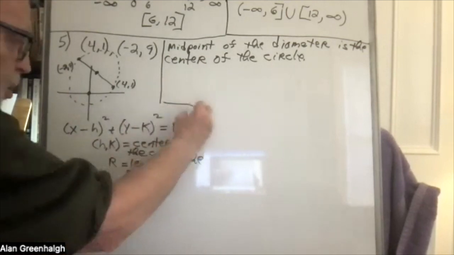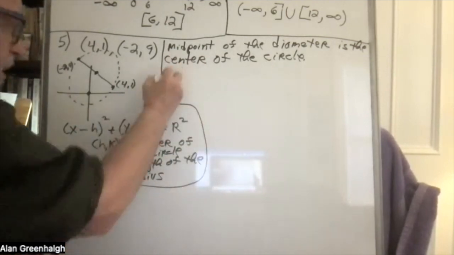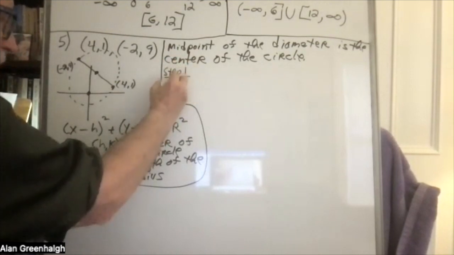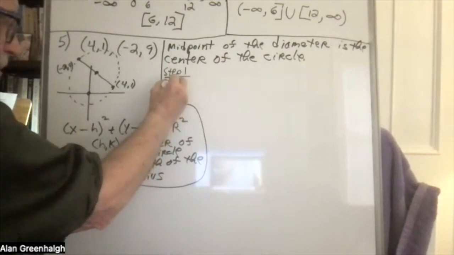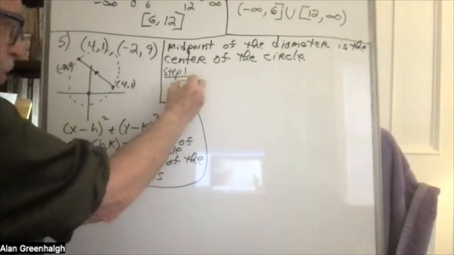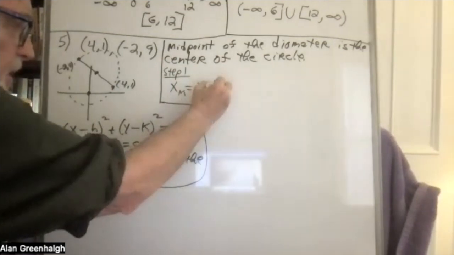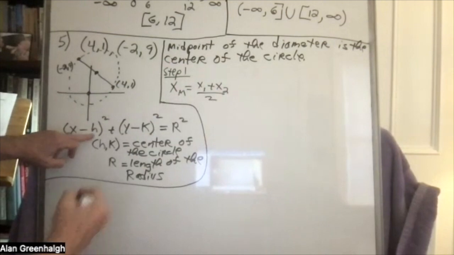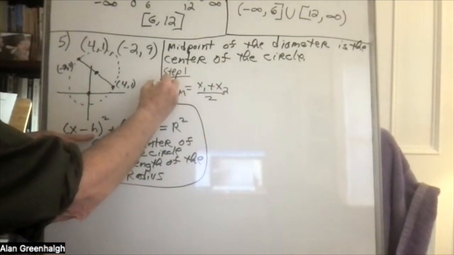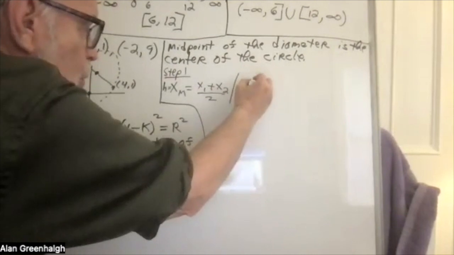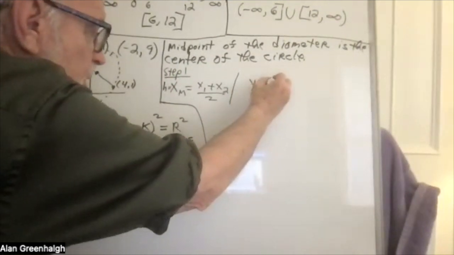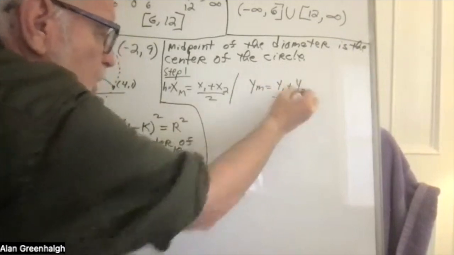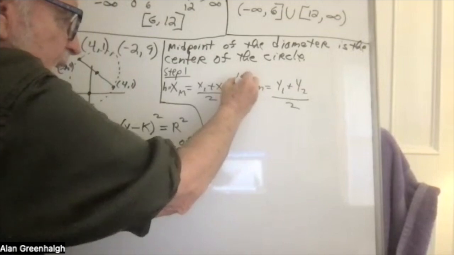So the first step, step one, is to find the x coordinate of the midpoint, x1 plus x2 over 2, and that will give us h, and the y coordinate of the midpoint, y1 plus y2 over 2, which would give us k.